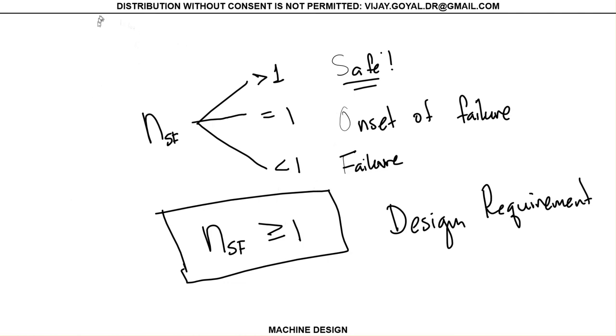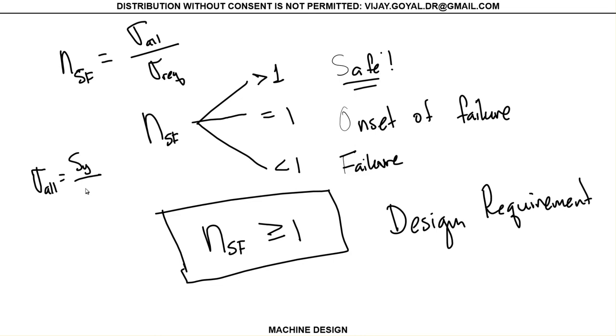Once again, your factor of safety in the problem is calculated as your allowable stress divided by your required stress. I should warn you that sometimes people say your allowable stress will be sigma yield divided by the design factor.